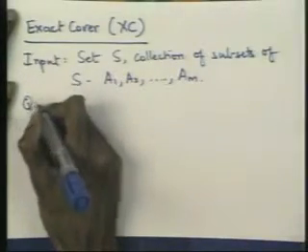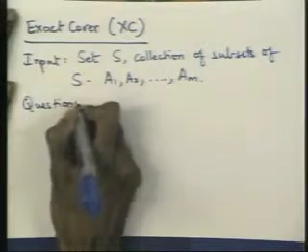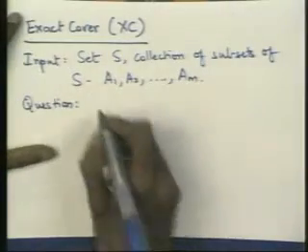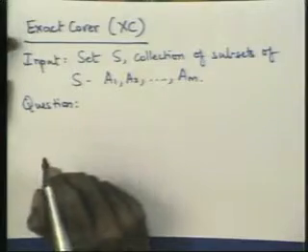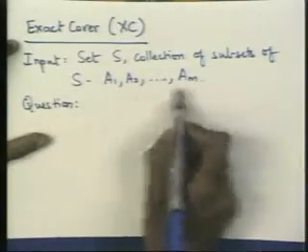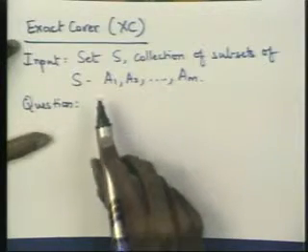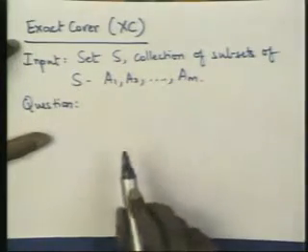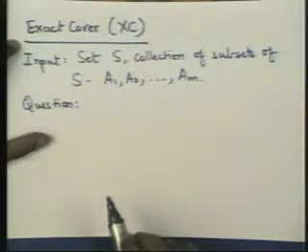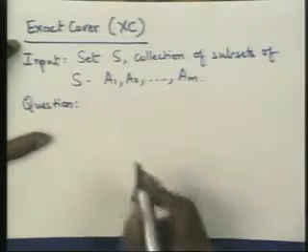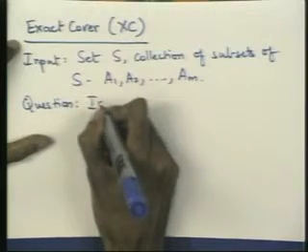The question we ask is the following: is there a subcollection of these sets so that the union is S, and the sets in this subcollection are disjoint?